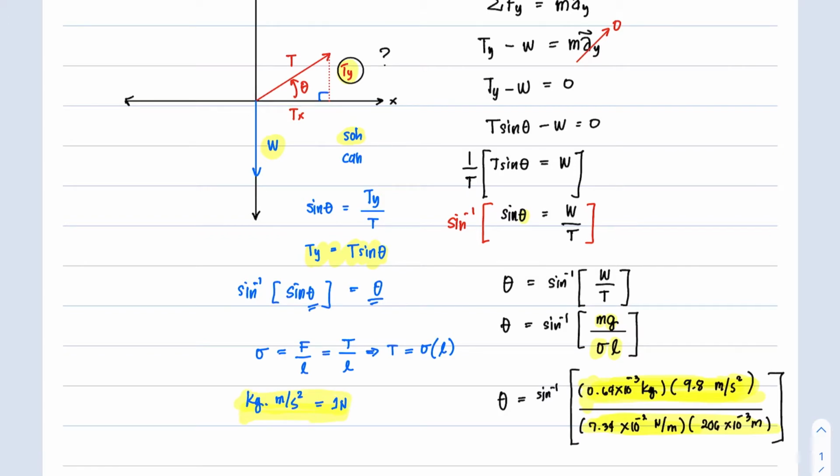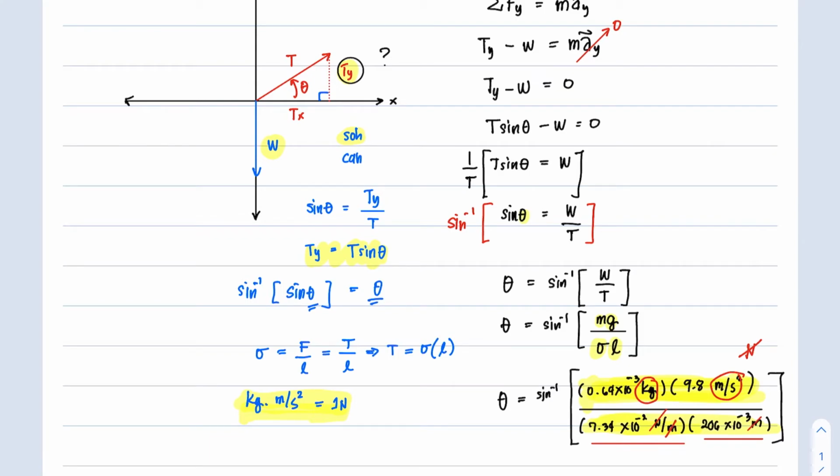So in the numerator, you just have a newton, and there is also a newton in the denominator, so they cancel out. What is left is meters in the denominator of the first term, and meters in the numerator because this is a whole number, so your meters also cancel out.